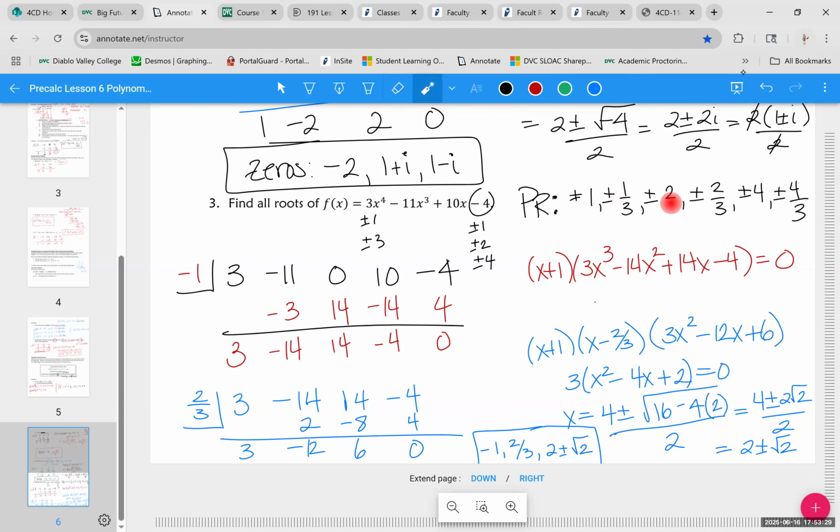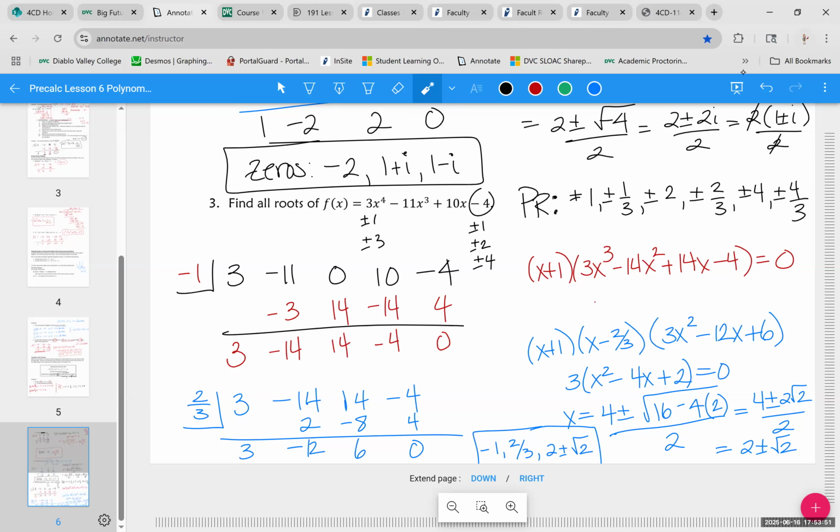But now when I'm plugging things in, I'm plugging them into here to try to see if they make this a 0 so that I can factor this further. So I did some trial and error and it took a while, but I finally found one that worked and it was a fraction. So using these coefficients, bringing the 3 down.